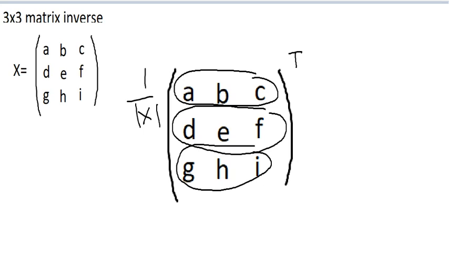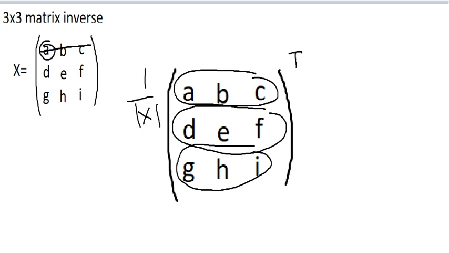You get the determinant first, and then you do this for all nine values, where you cross out the row and column of that specific value you want, and get the determinant of what's left. Just to mention it one more time: let's say you want the value of the first row and first column.